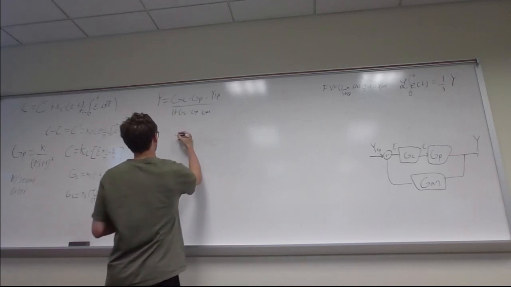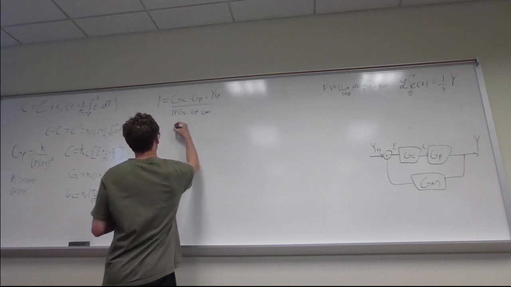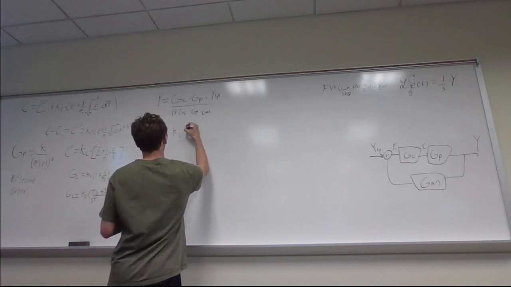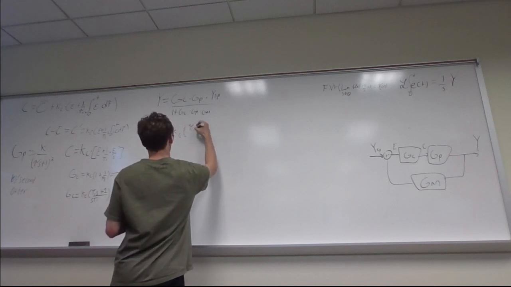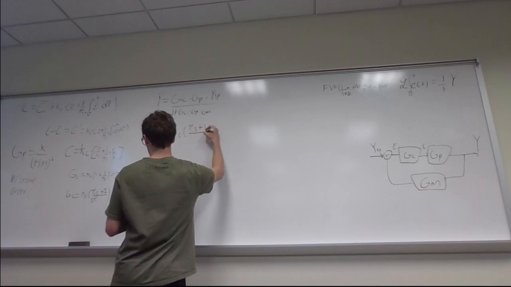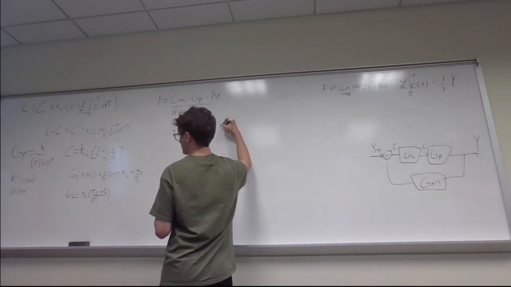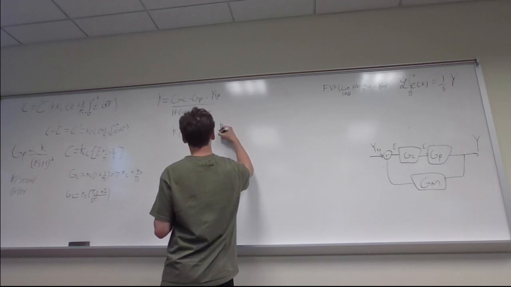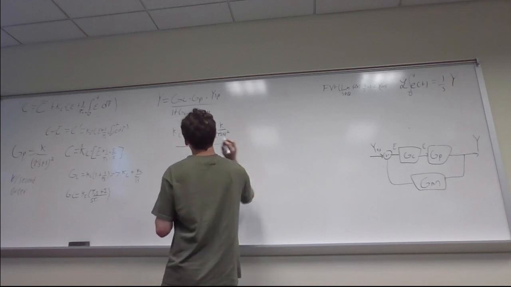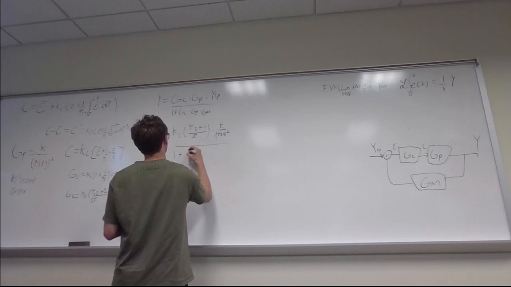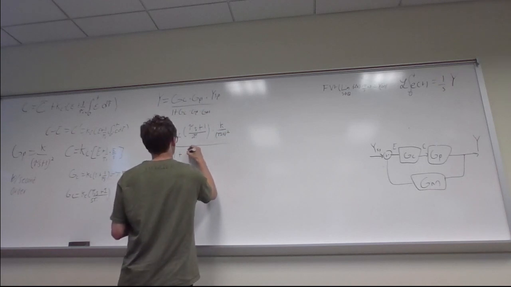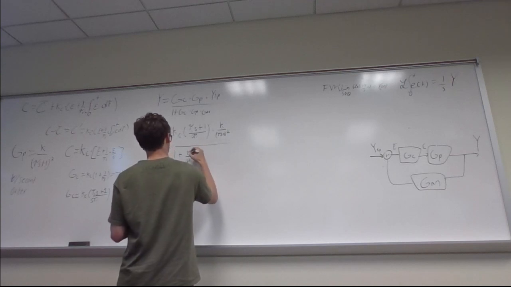So we're going to have, let's see, GC is KC, then tau I s plus 1 over s tau I, times K over tau s plus 1 squared, over 1 plus GC, which is tau I s plus 1 over s tau I. God, my handwriting is atrocious.